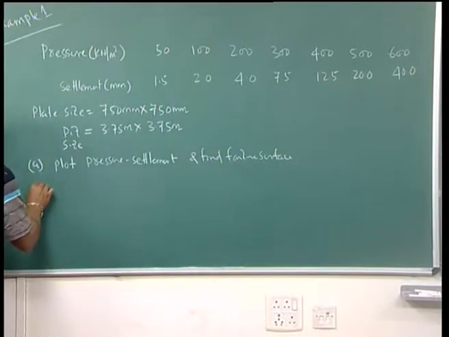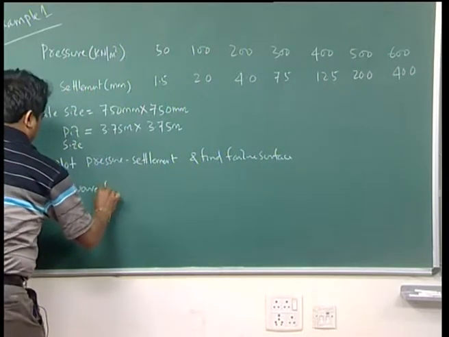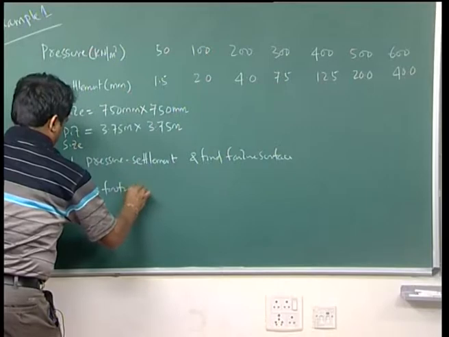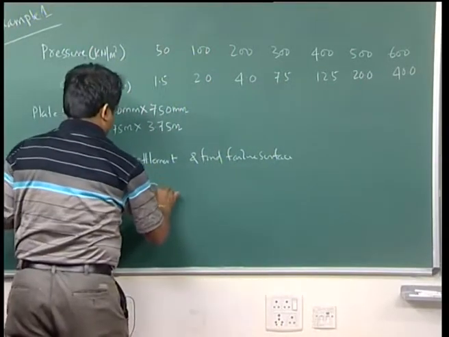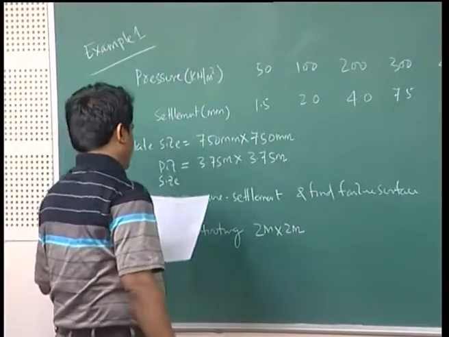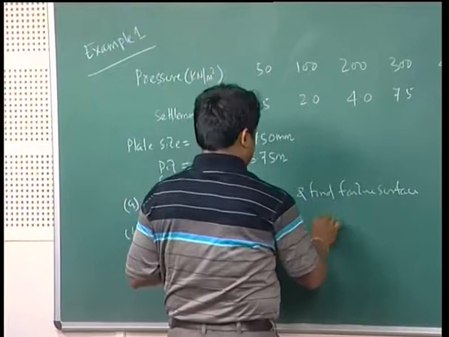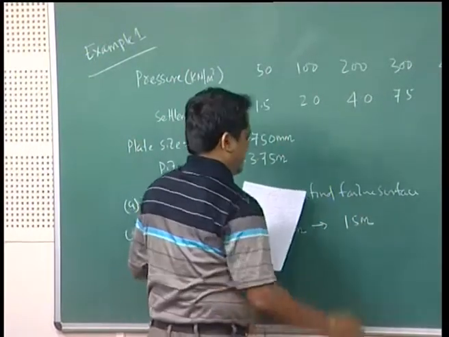Then part B: a square footing 2 meter by 2 meter is to be founded at 1.5 meter depth.